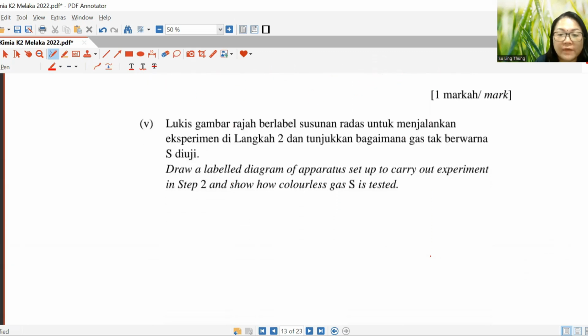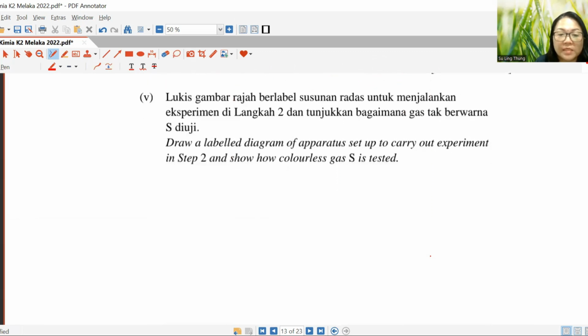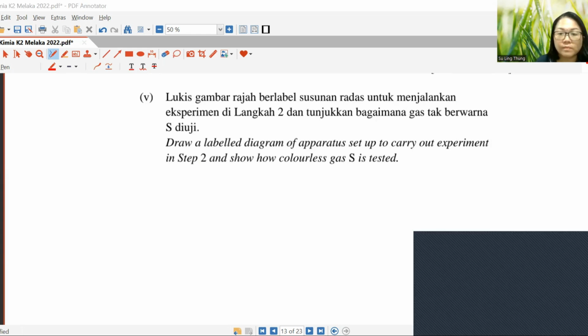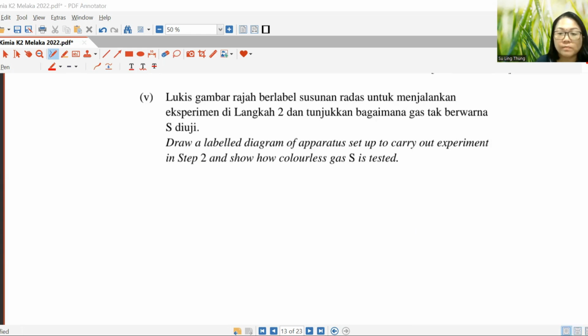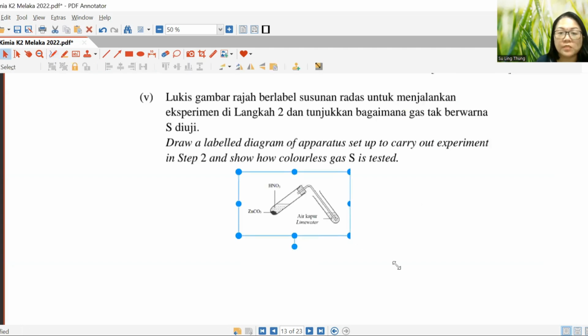Now next, 5. Draw a labeled diagram of the apparatus set up to carry out the experiment in step 2 and show how the colorless gas is tested. So you have to show how the colorless gas is tested in this case. Let me show you the diagram. So this is your diagram.